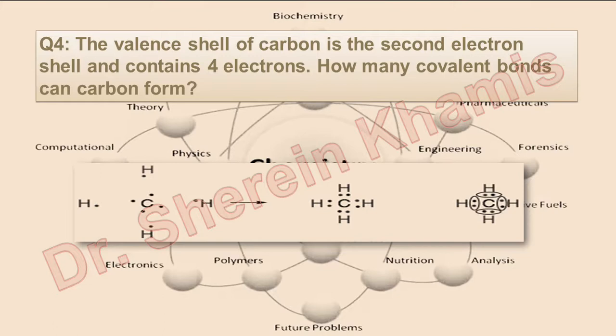Carbon contains 4 electrons in the outer shell and is surrounded by 4 hydrogen atoms here, so it will have 4 covalent bonds, a tetravalent bond. It forms this kind of bond inside the molecule by sharing these electrons. Okay, let's go to question number 5.